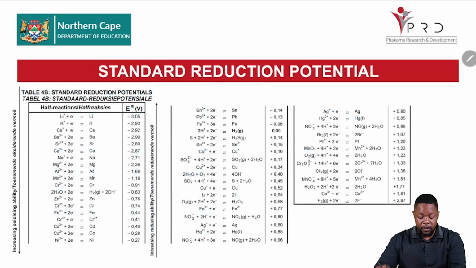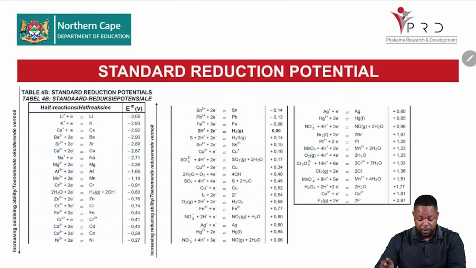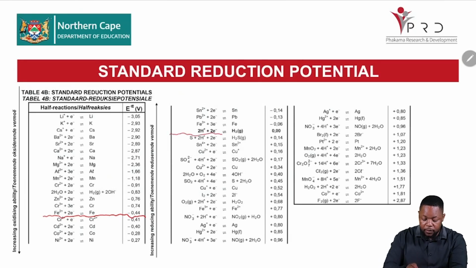Now, let's look at them. We are given iron, Fe3+, and the hydrogen. So let's check in the standard reduction potential table. There we see the iron, and then we also see the hydrogen.